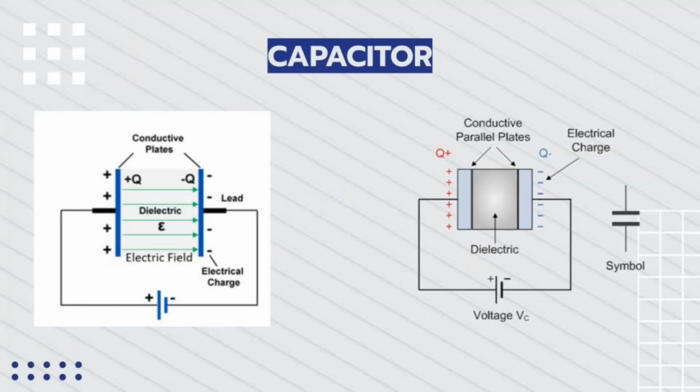Now, how does it work? It consists of two conductive plates that are separated by an insulating material called a dielectric. Now, when the voltage is applied across the plates, it causes electric charges to accumulate on them, creating an electric field between the plates. This electric field stores energy in the capacitor.